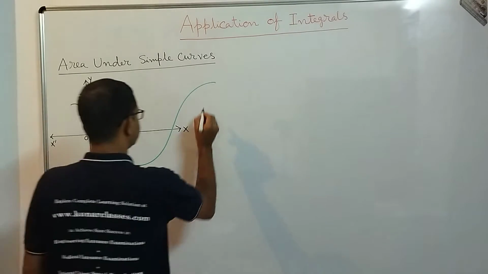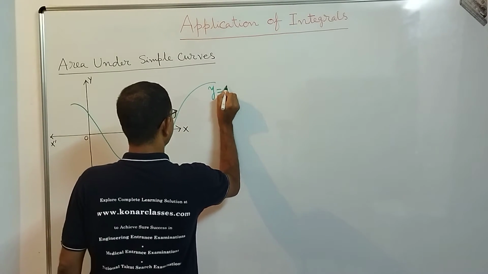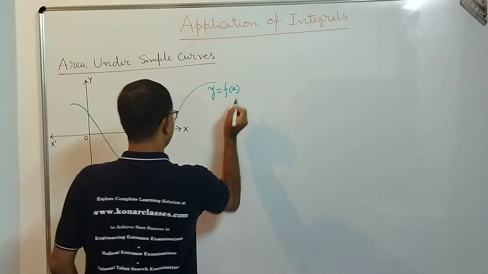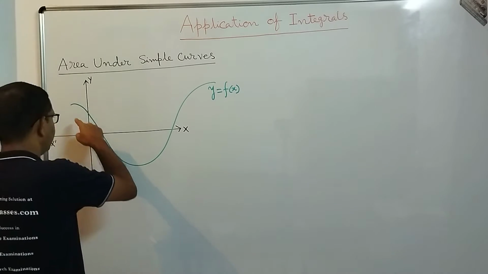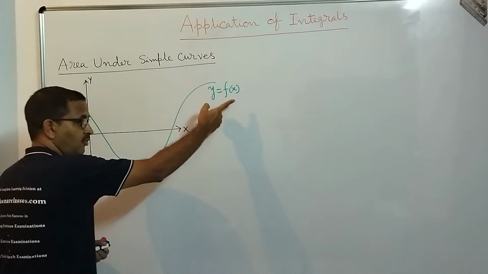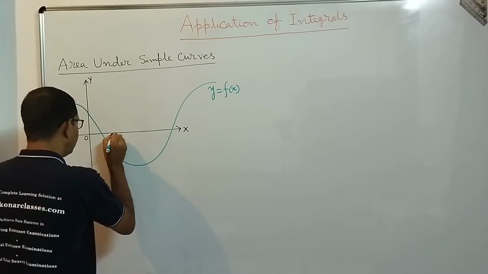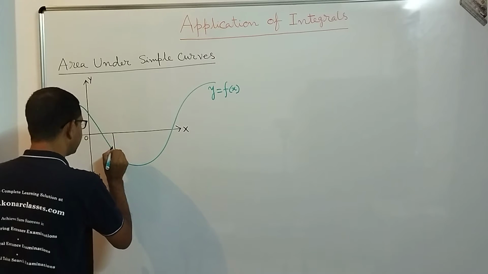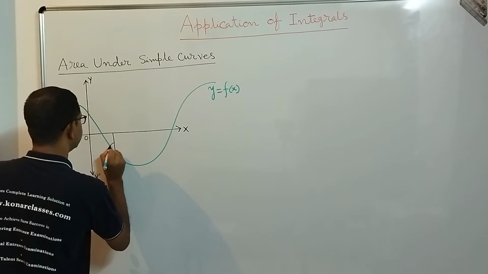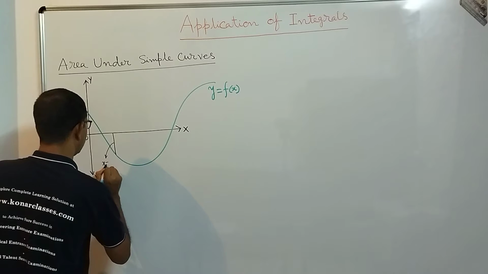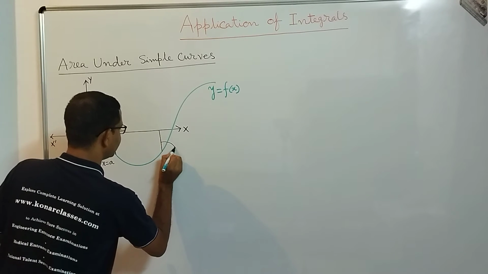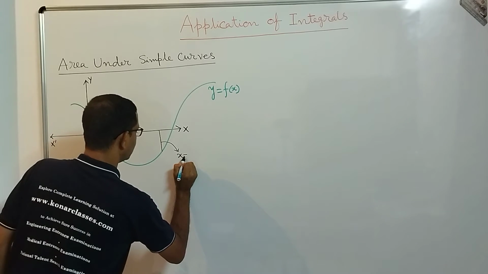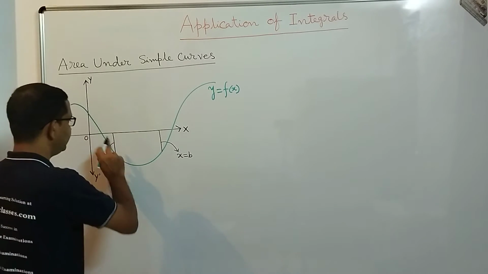And what is the equation of the curve? y equal to f(x). Then we are interested to find the area of the region bounded by the curve y equal to f(x), the straight line x equal to a, another line x equal to b, and the x-axis.